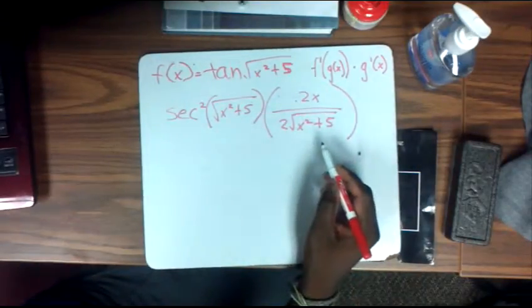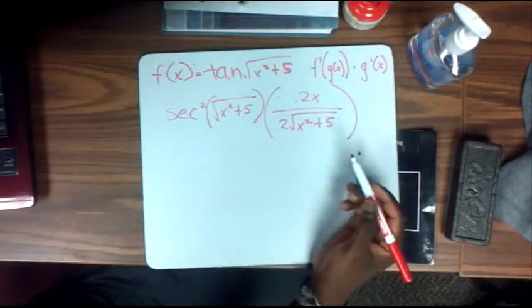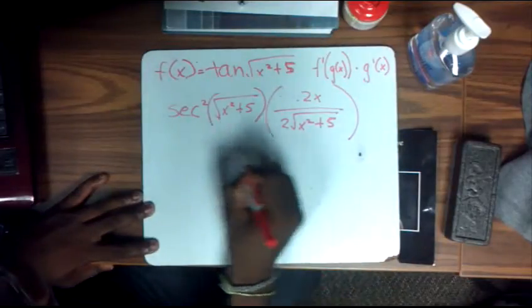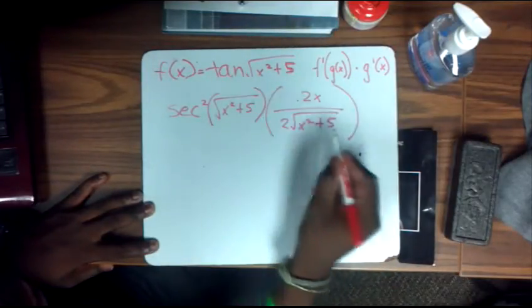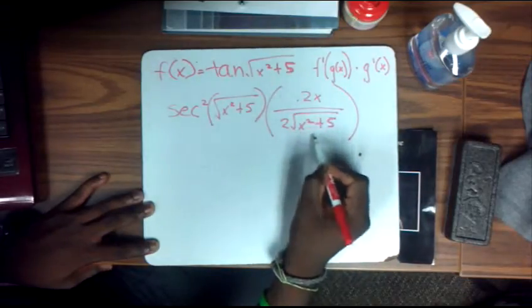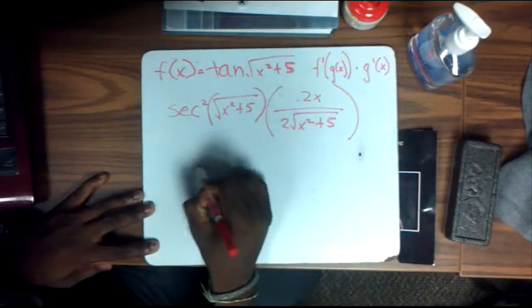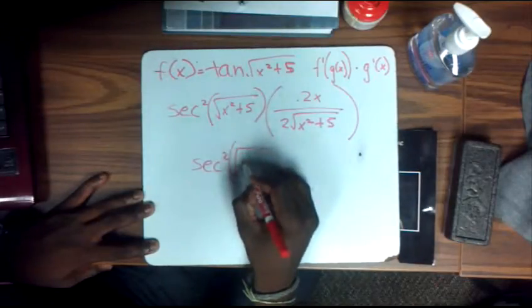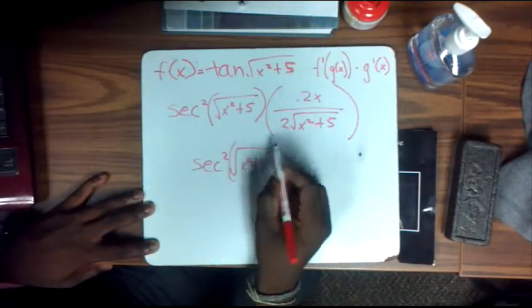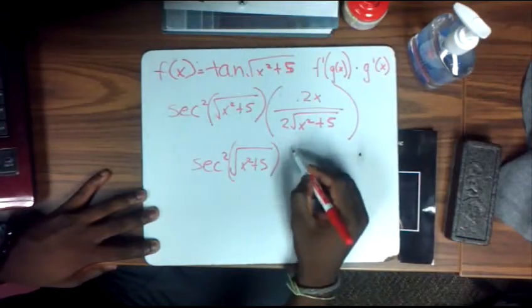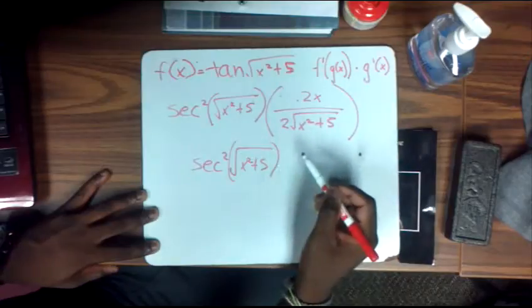When you get this, all you have to do now is multiply. Basically everything is on top of 2 times the square root of x squared plus 5. So you will get secant squared of the square root of x squared plus 5 multiplied by 2x.